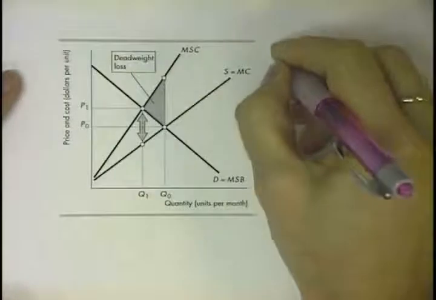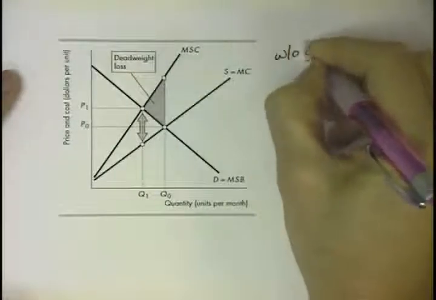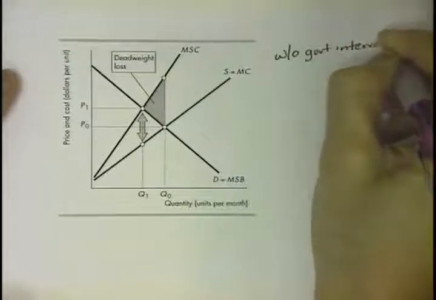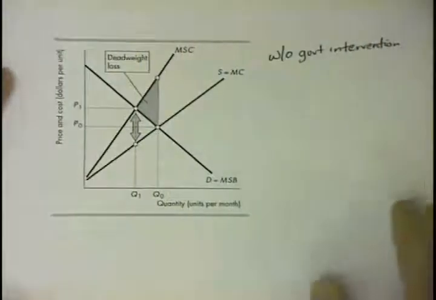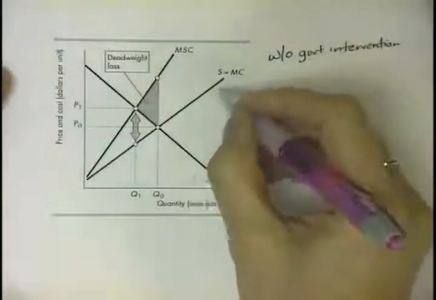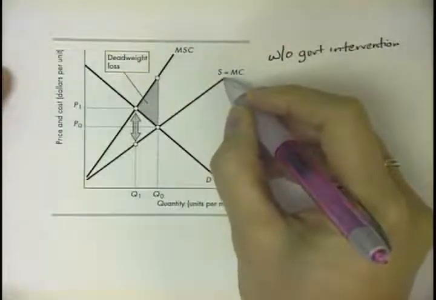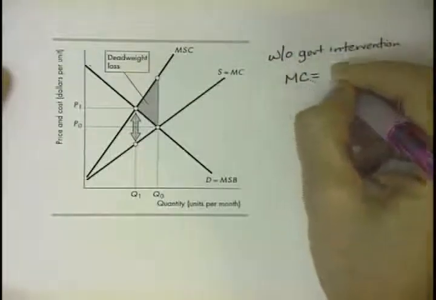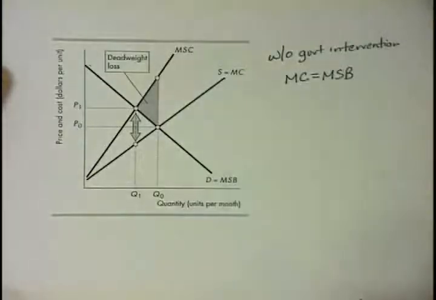So without government intervention, we're going to produce where my marginal cost curve, that's the cost specifically to the firm, is equal to this MSB. So without government intervention, that means the firm is not responsible for any cost to society.